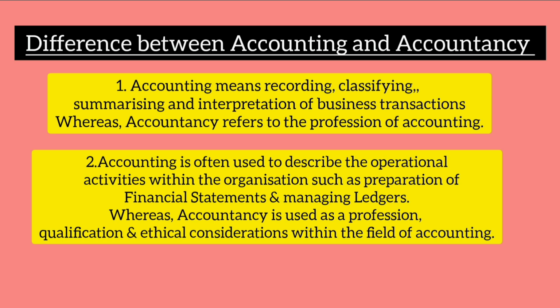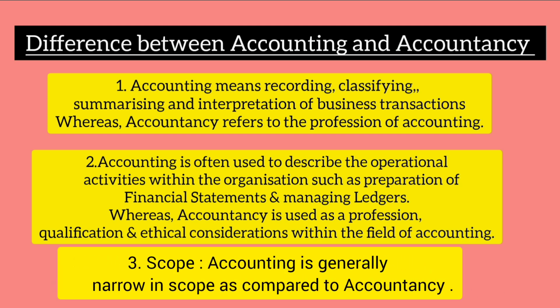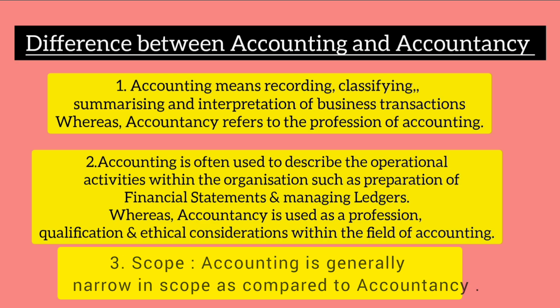All right, while accountancy is used as a profession, qualification, and ethical consideration within the field of accounting. And the last difference between the two is its scope. Accounting is generally narrow in scope as compared to accountancy, whereas accountancy has a broader scope.